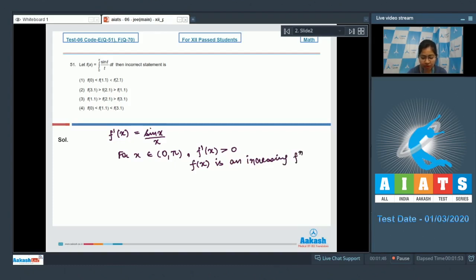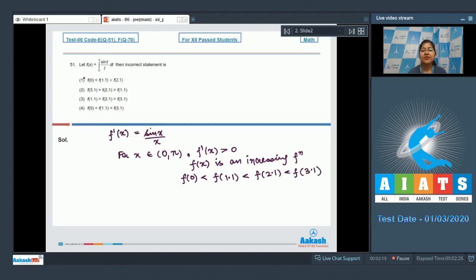Now it can be seen that all the values given in the options are in this interval only, except for 0. So we can say f(0) is definitely 0, so this is less than f(1.1), less than f(2.1), less than f(3.1).